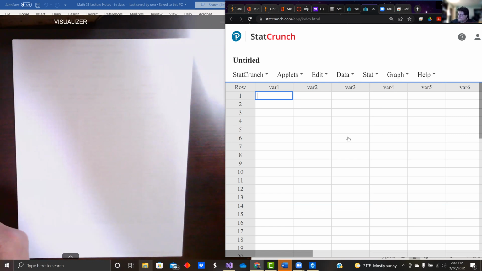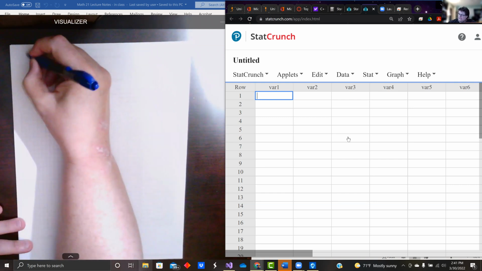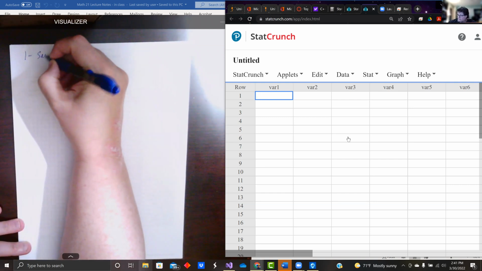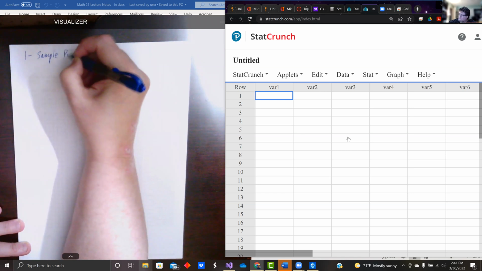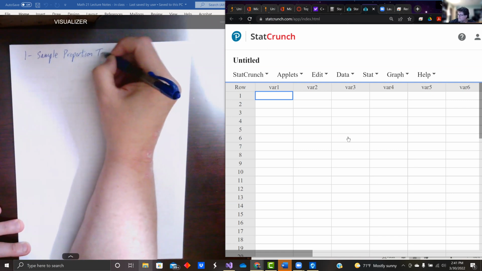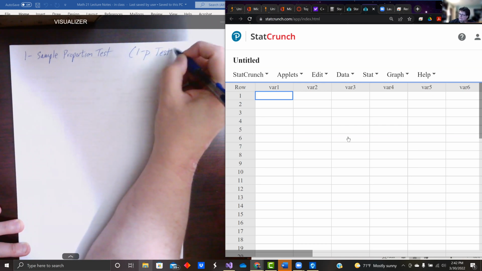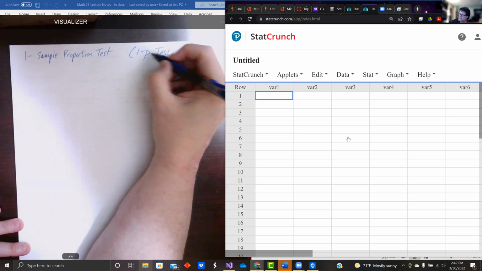So for the first test that we're doing, a one proportion test. I'll often call it the 1P test, or one proportion test.